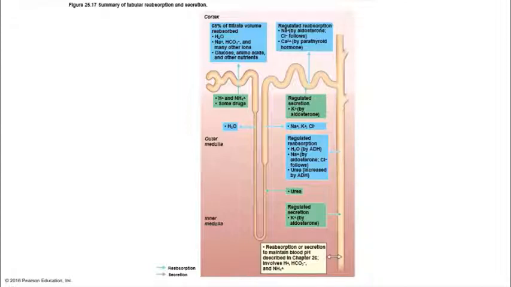Remember, in the descending limb, only water can move and it gets reabsorbed. While in the ascending limb, remember, it's solutes that tend to move. So you remember, it's your sodium, potassium, chlorine symporter. So sodium, potassium, and chlorine get reabsorbed in the ascending limb.